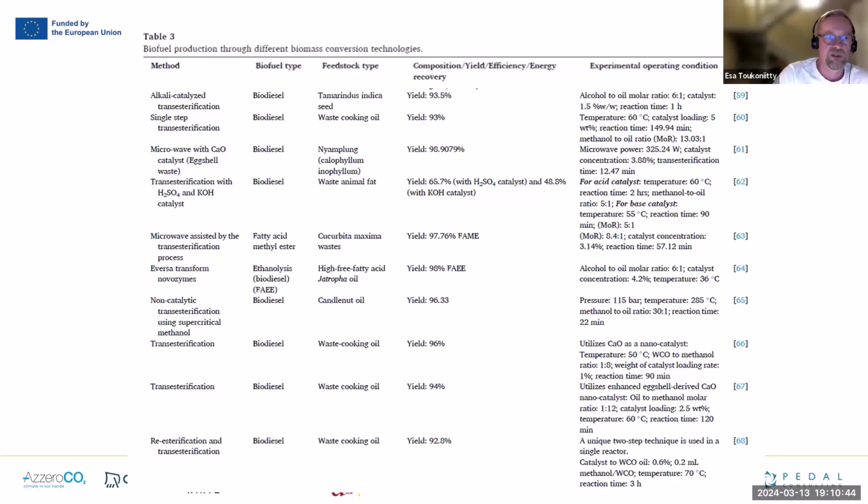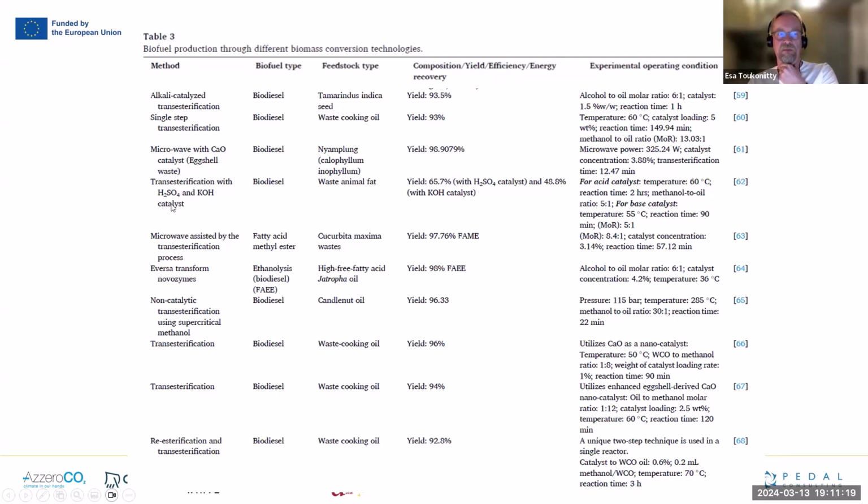Here is something called single step transesterification. I'm not sure what is meant by it. If I want to know more, one should go into this article and check the reference where the data is taken. Also here are different feedstock types: waste cooking oil, animal fat, I don't know what this is, different oils, waste oils, and so on.